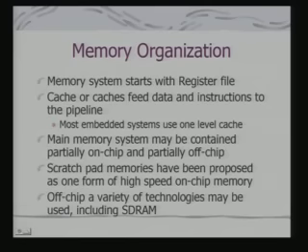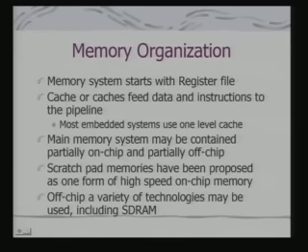There may be one or more cache memories that feed data and instructions to the pipeline, because most of the microcontrollers that we have studied are pipelined processors. The main memory system may be contained partially on chip and partially off chip. In fact, scratch pad memories have been proposed as one form of high speed on chip memory.